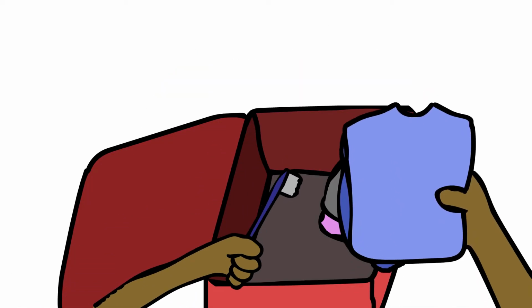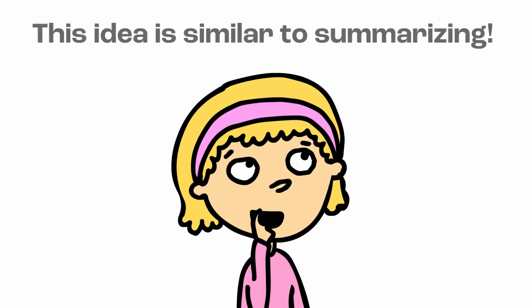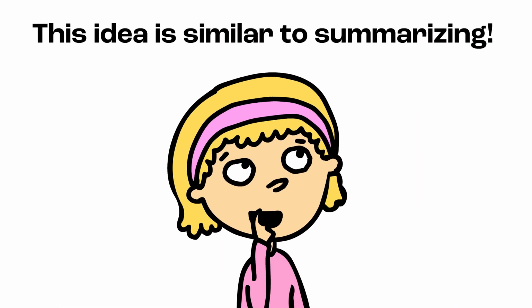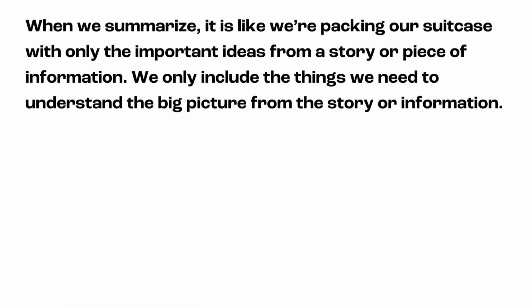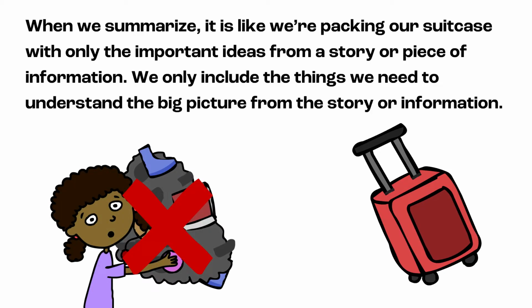No, you would probably take the important things, like your toothbrush, a couple of clothes, and maybe your favorite toy. This idea is similar to summarizing. When we summarize, it is like we're packing our suitcase with only the important ideas from a story or piece of information. We only include the things we need to understand the big picture from the story or information.